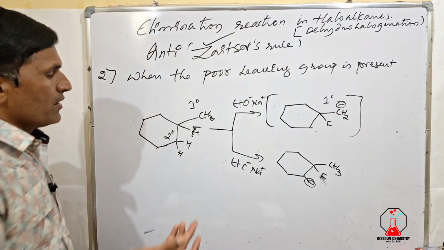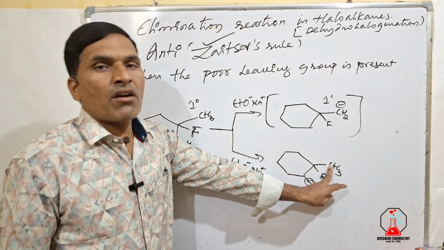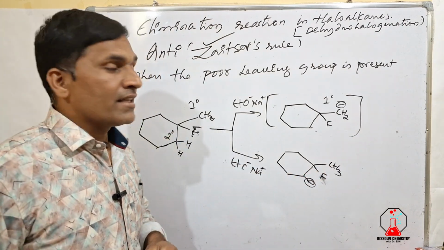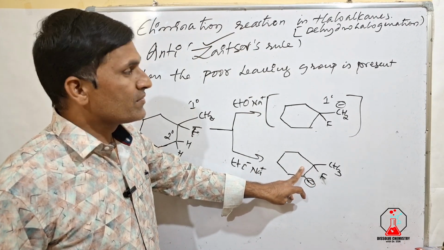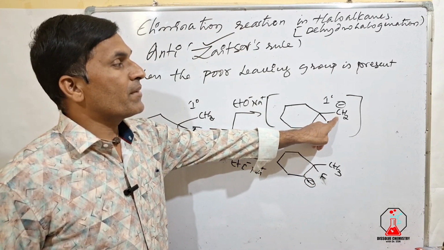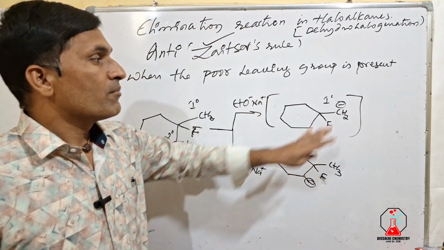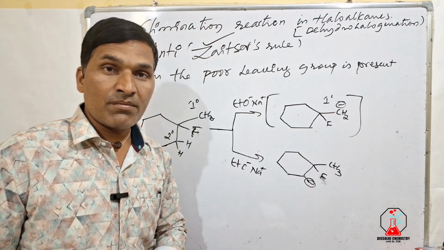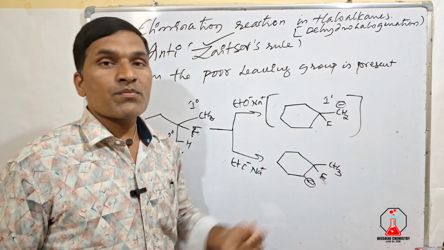So therefore, if you want a Zaitsev's product, but still the leaving group is not ready to leave readily, then what happens? The formed carbanion is secondary, whereas here the formed carbanion is primary. So when you see the order of their stability, the primary carbanion is said to be more stable. So therefore, it is more preferred when the leaving group is poor.